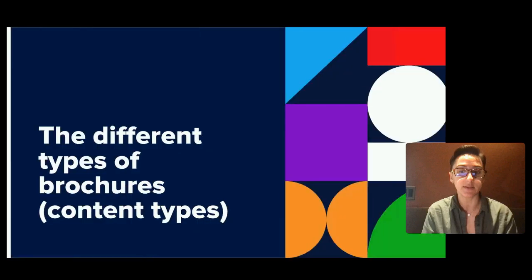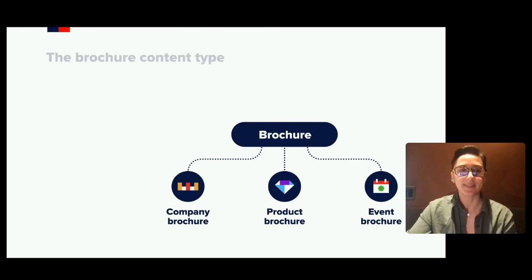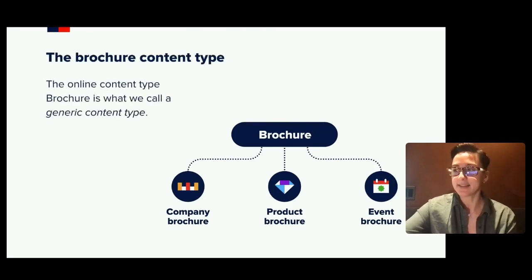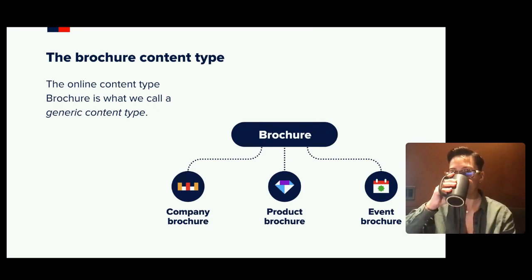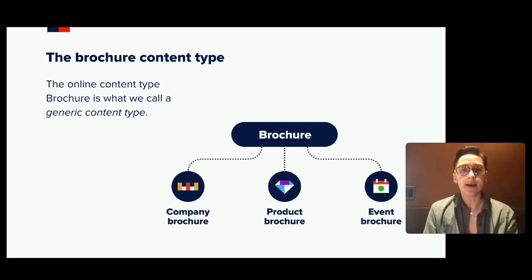So what are those different types of brochures? Let's take a look at what we consider this umbrella term of a content type. A content type is essentially this umbrella for what houses these use cases. A brochure spans the gap between catalogs and magazines.